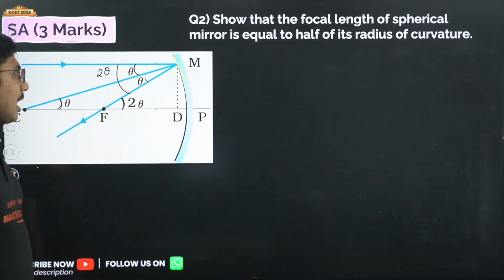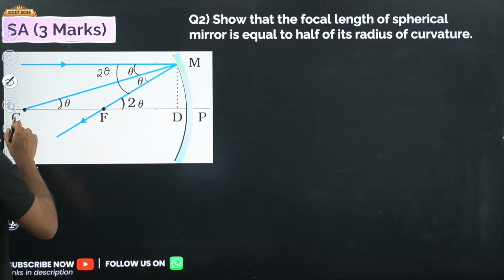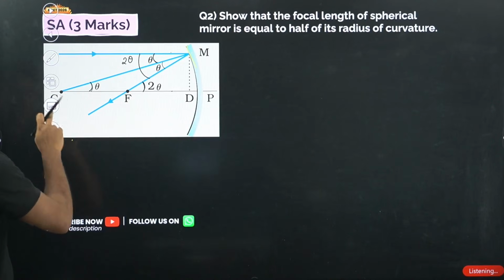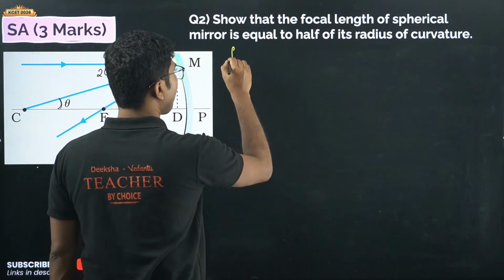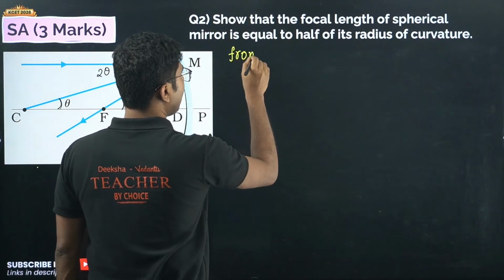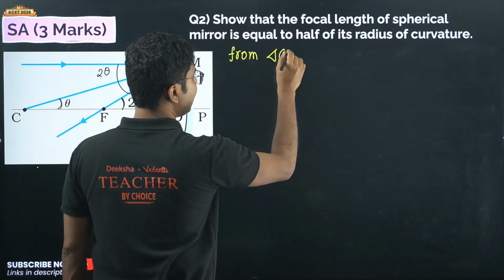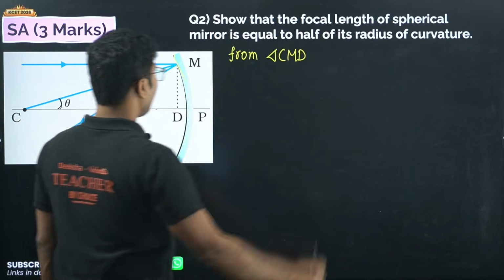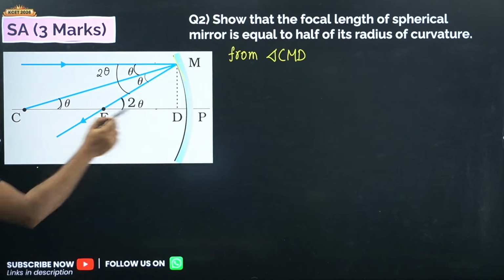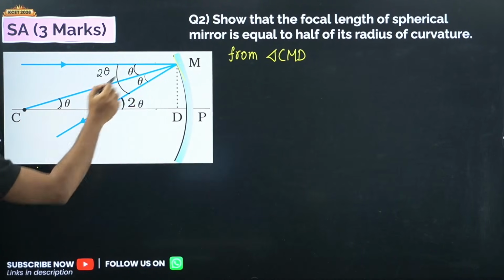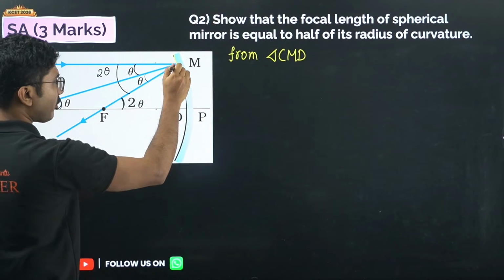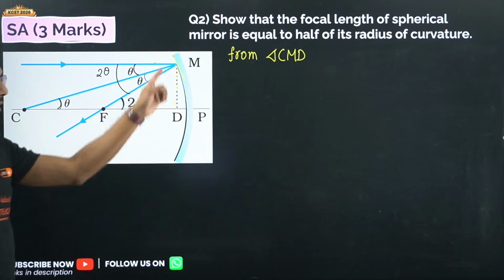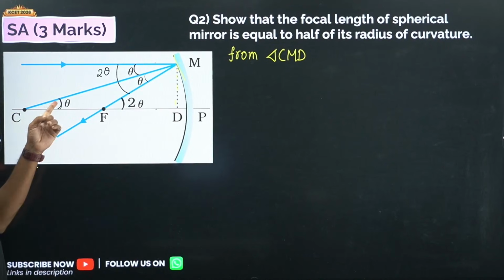Now what? Now you have to take two triangles. One is CMD. From triangle CMD, what we can say, this is a right angle triangle, okay, and this is a perpendicular that is drawn from M to D. What about this angle theta?